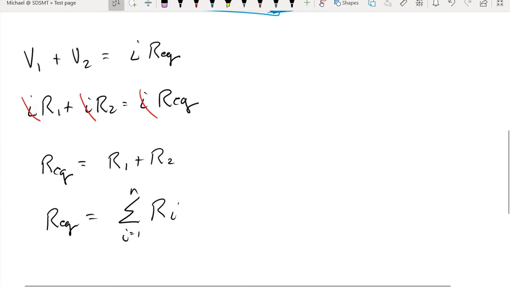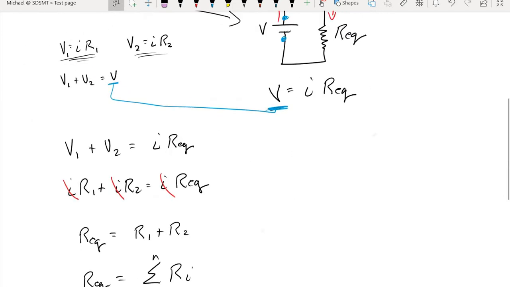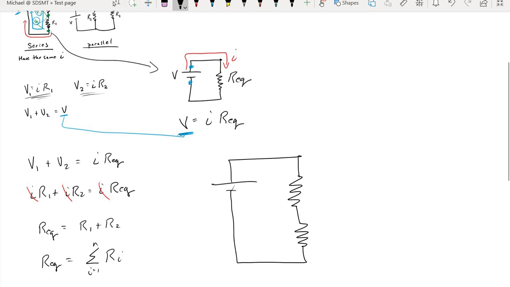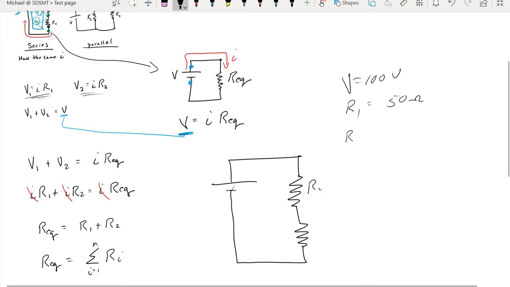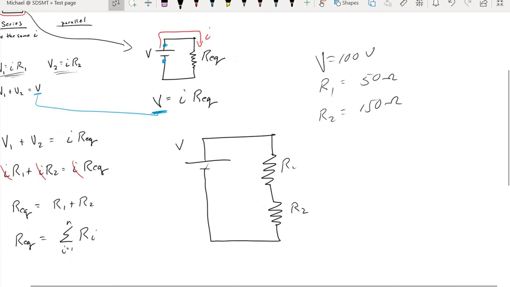So how does that help us? Let's put some numbers to this. Let's say that our battery was 100 volts. Resistor 1 is 50 ohms, and resistor 2 is 150 ohms. So I would like to know everything that there is to know about this circuit.